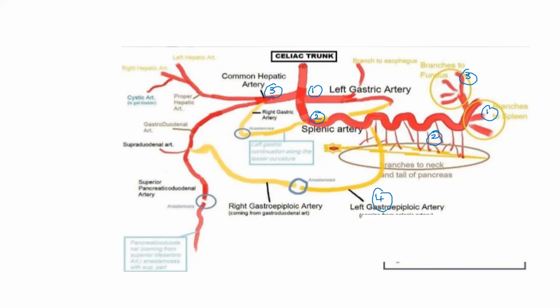And then common hepatic artery gave the right gastric artery, the gastroduodenal artery that split into right gastroepiploic and the superior pancreaticoduodenal artery, isn't it? After that, it continued as hepatic artery proper. This hepatic artery proper we divided into right and left branch, and the right branch gave cystic artery.